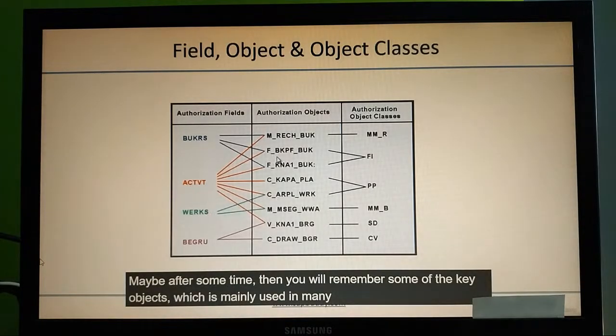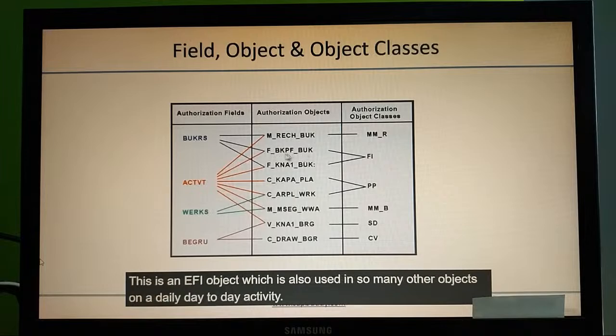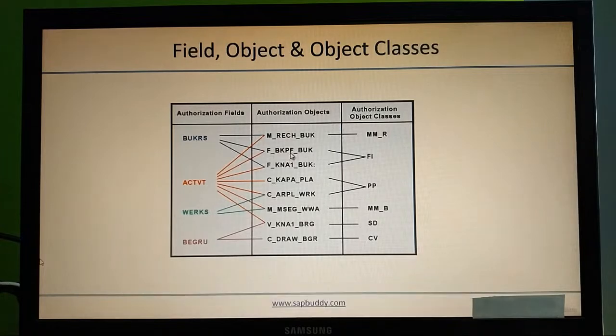Maybe after some time, you will remember some of the key objects which are mainly used in many of the transaction codes, like S_TCODE and F_BKPF_BUK. This is an FI object, which is also used in so many authorization objects in day-to-day activity. When we are working, we will see this object quite often. Okay.